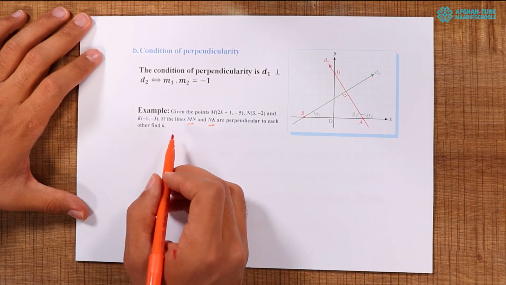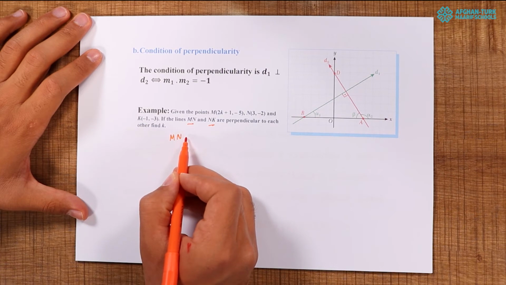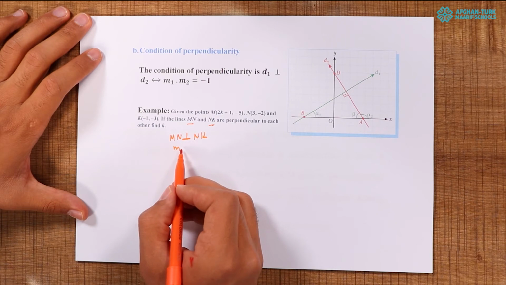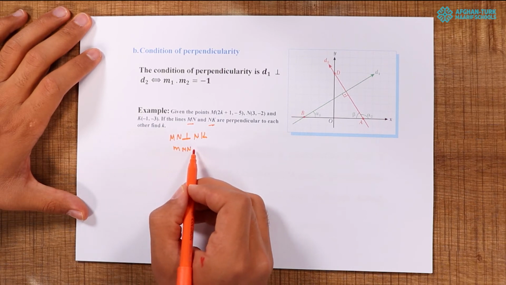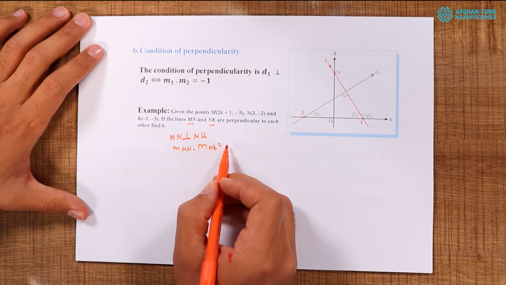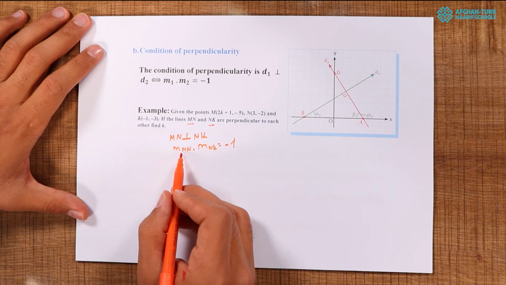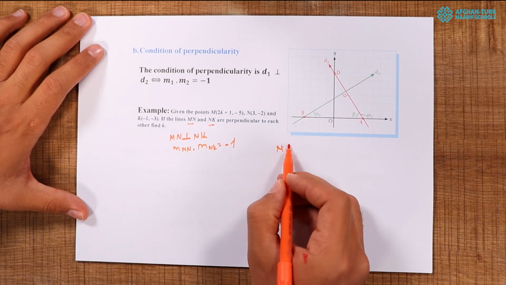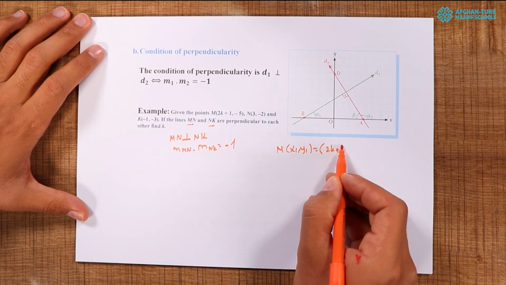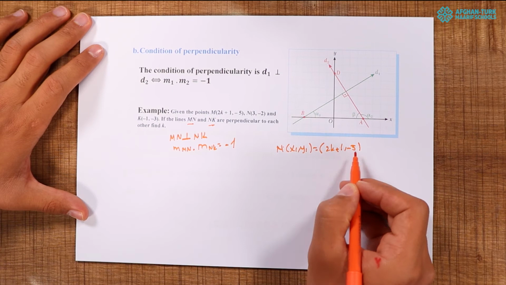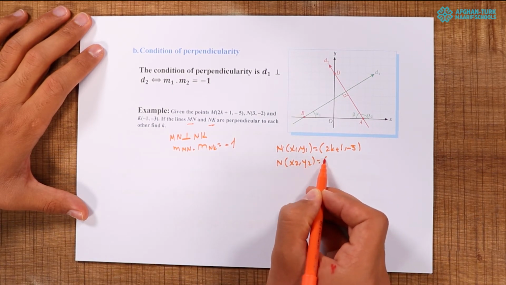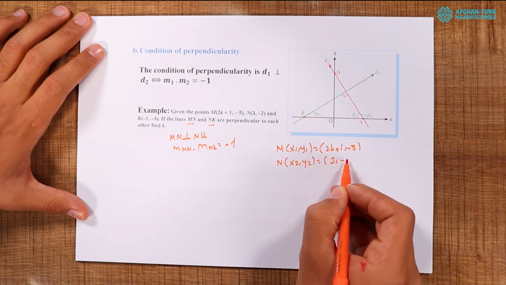So, when MN is perpendicular to NK, okay, then their slopes are, it means slope of MN times slope of NK will be -1, okay? So what's the slope of MN? We have M with coordinate x1 and y1, which is 2k plus 1 and -5. We have N x2 and y2, which is 3 and -2, okay?